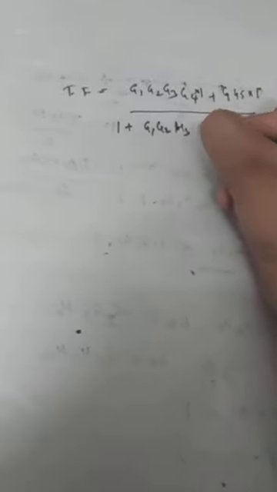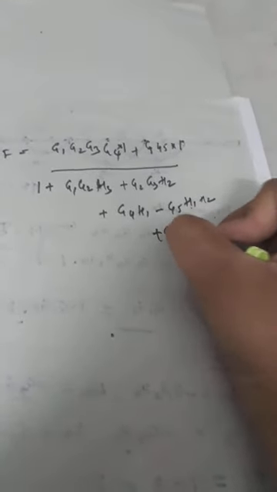The whole is divided by the delta value, which is 1 plus G1 G2 into S3 plus G2 G3 into S2 plus G4 H1 minus G5 H1 S2 plus G1 G2 G4 H1 into S3. So this is the complete transfer function of that signal flow graph. Okay.